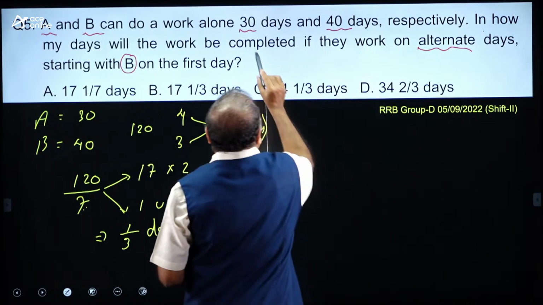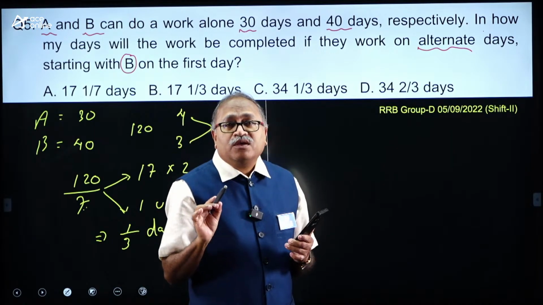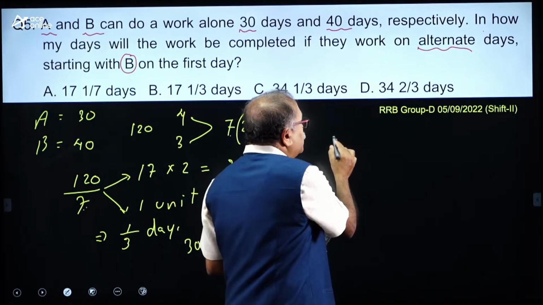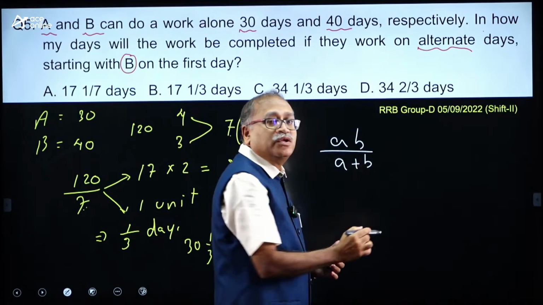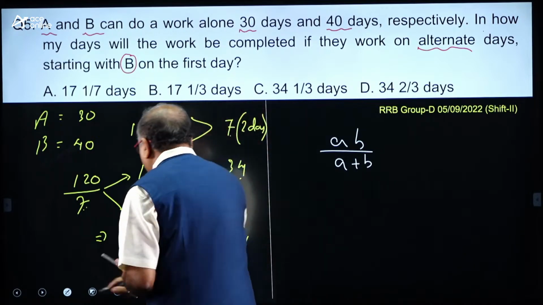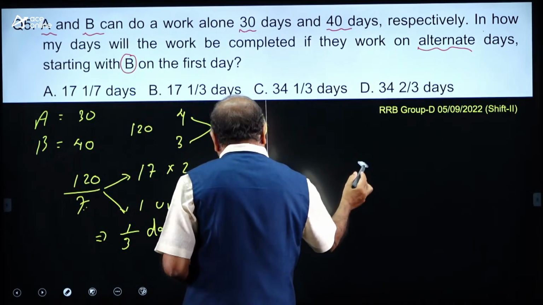Look at this one. If together they complete the work, how many days does it take? We know the formula AB by A plus B. We will use this formula here directly. And look at this part.